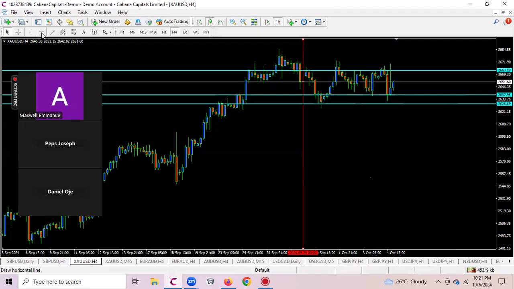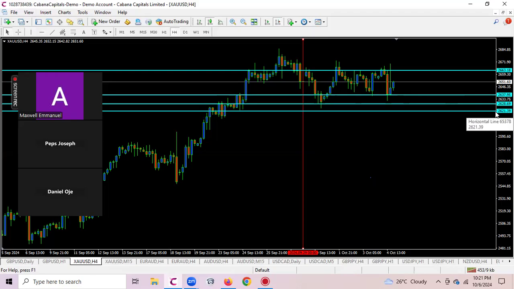So for example, let's assume the candle that will break out from this support closes at this level, and you decide to sell from this point. Now, if you're going to set your stop loss, you know there is a possibility for price to pull back and retest this area. You cannot set your stop loss below this area.